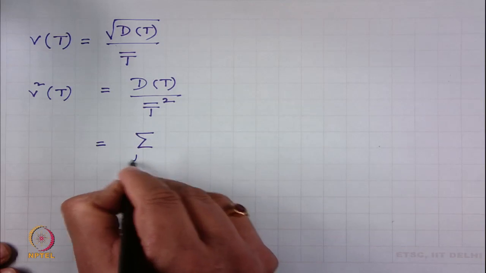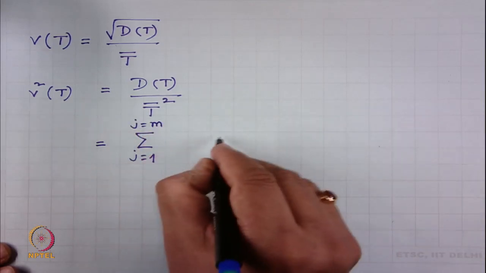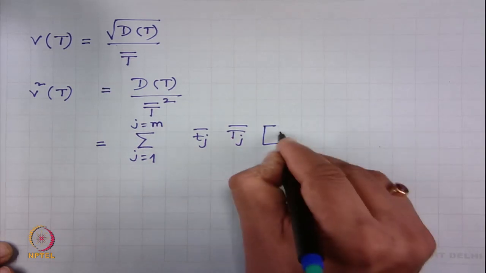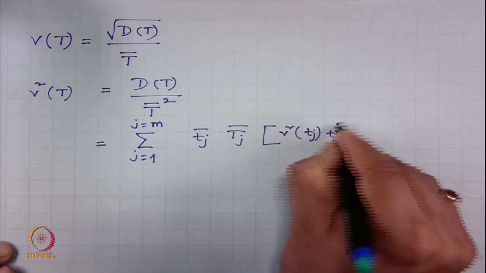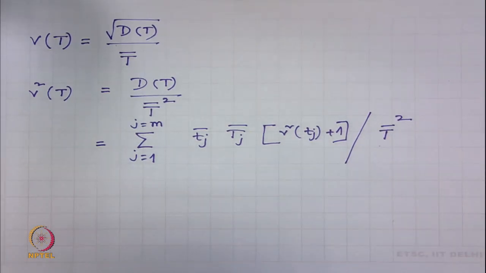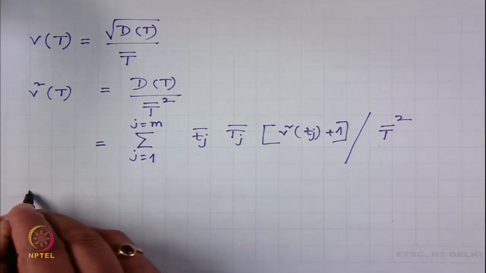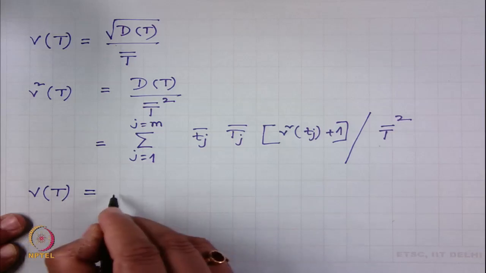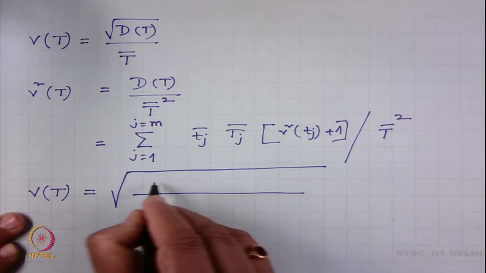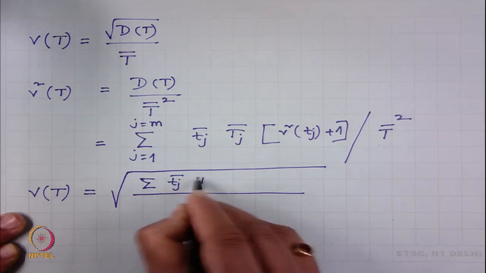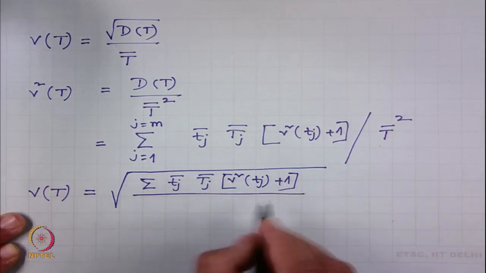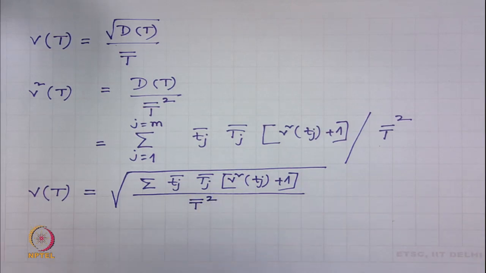right. So, we can write summation j is equal to 1 to m, t j this v square t j plus 1 divided by t bar square, and if we take the root, then square.